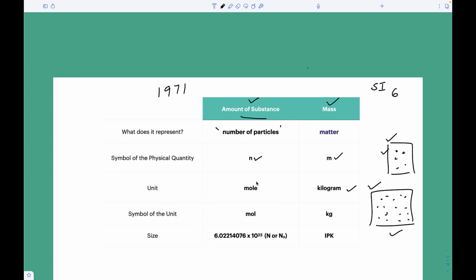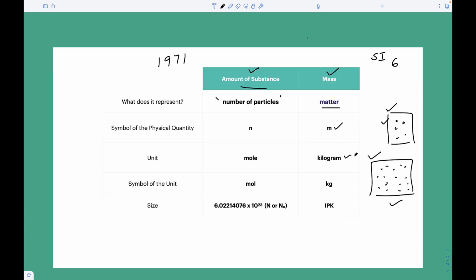And they picked the name mole as the unit for this fundamental physical quantity amount of substance. And the symbol for this unit mole is mol, without the E in the end, just like kg is the symbol for the unit kilogram.